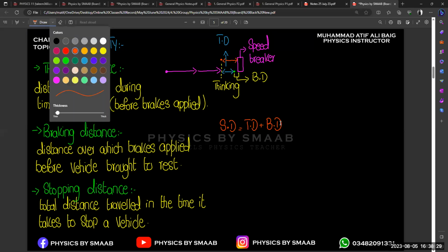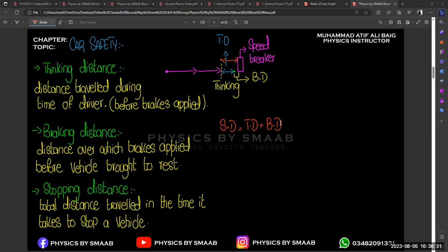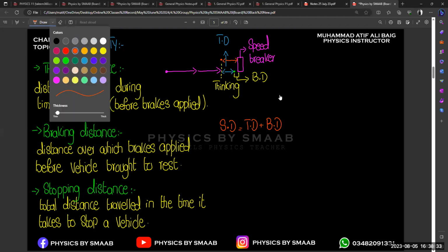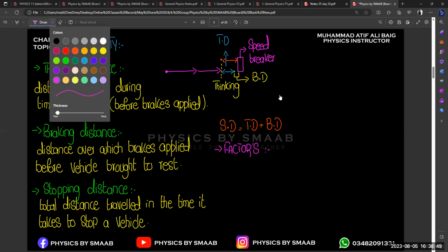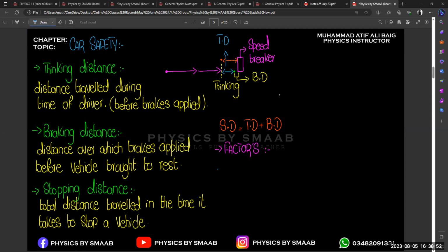Okay. In your past paper, they also asked about one important thing that is related to the factors affecting thinking distance, right? So let's suppose they ask you about the factors that affect your thinking distance. So first, we talk about the factors that affect your thinking distance. Priya?